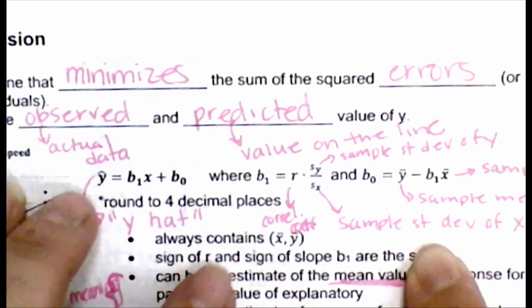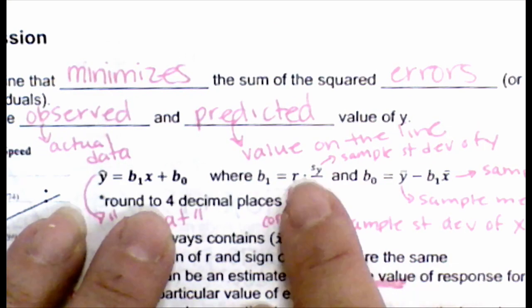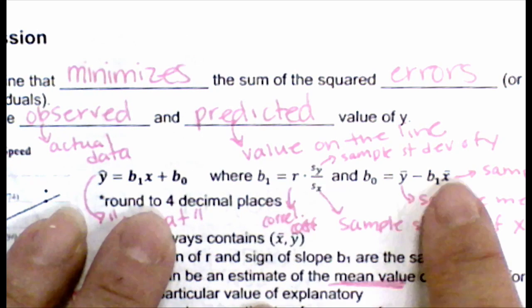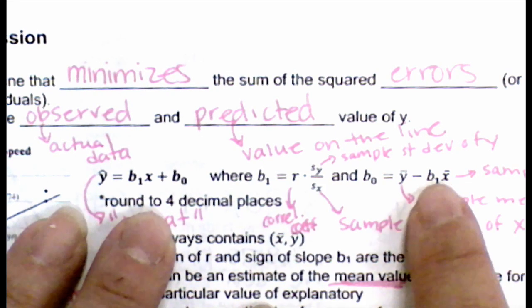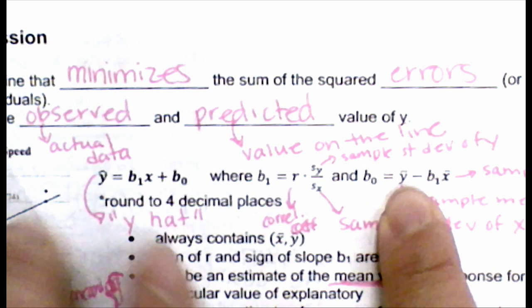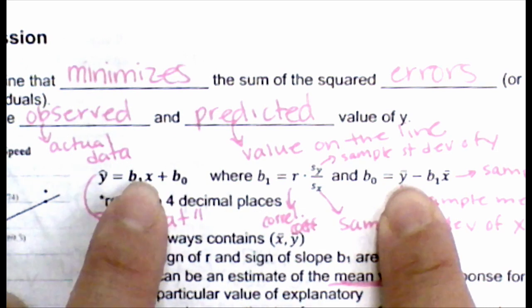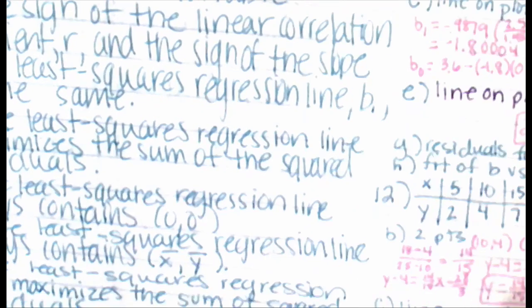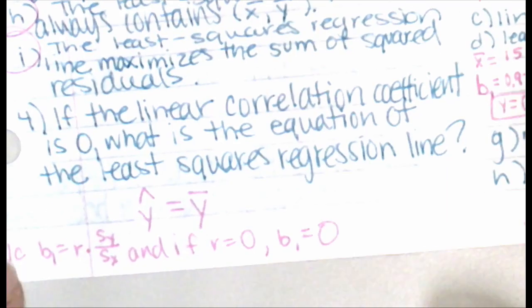I forgot I zoomed in, sorry. So b1 becomes 0 because of the r, but if b1 is 0, then this part of b0 is also 0. So y bar minus 0 is just y bar. So y hat equals y bar becomes the final answer.